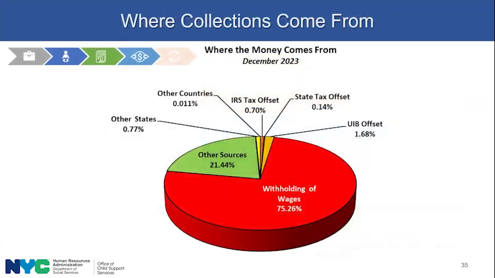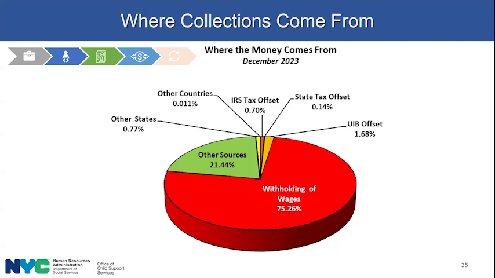Okay. Earlier, we showed you the roughly $750 million that OCSS takes in each year. Where does that come from? Well, no surprise here. Three-quarters of it comes from withholding from wages. That is to say, garnishing paychecks. We call it IWO, an income withholding order.